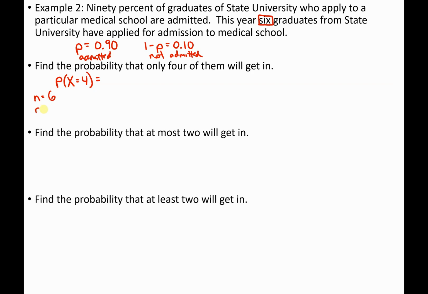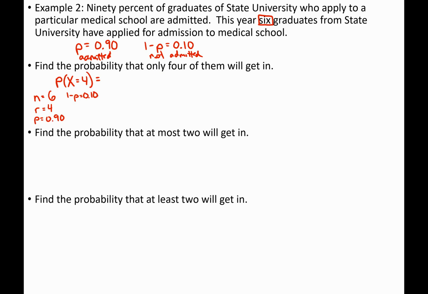The R that we're going to choose, because we had an NCR, we could actually replace with an X. And we already have the P labeled, but we'll put it down here for the example. And then we have 1 minus P is our 10%.